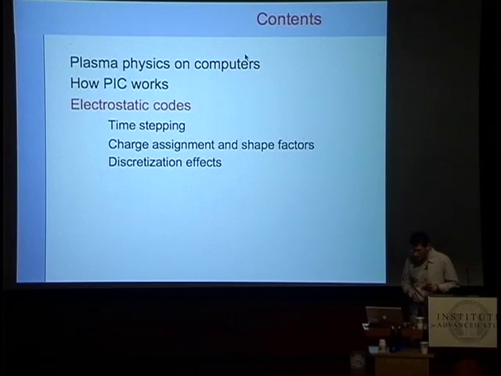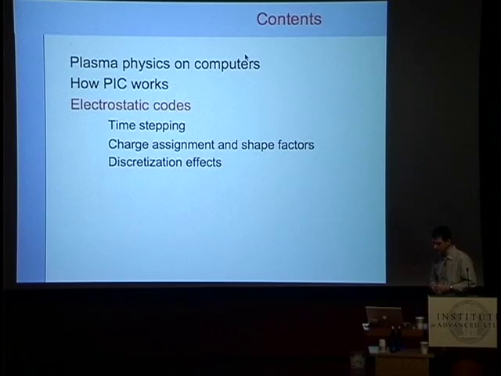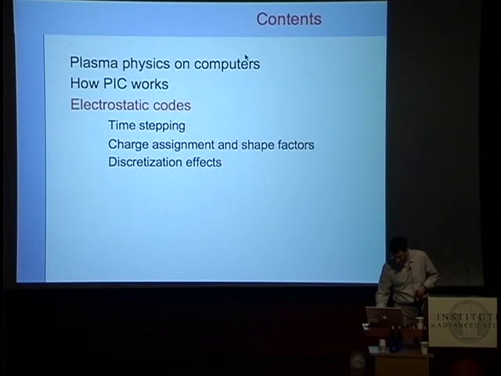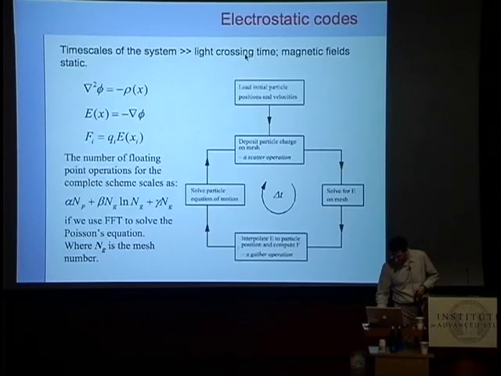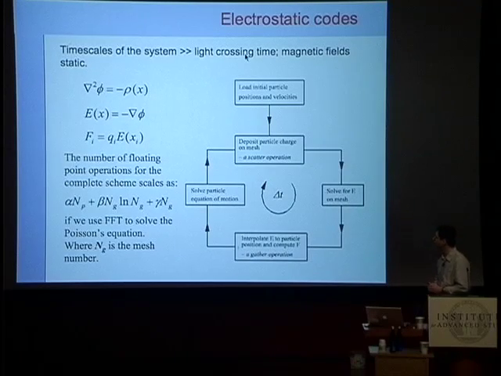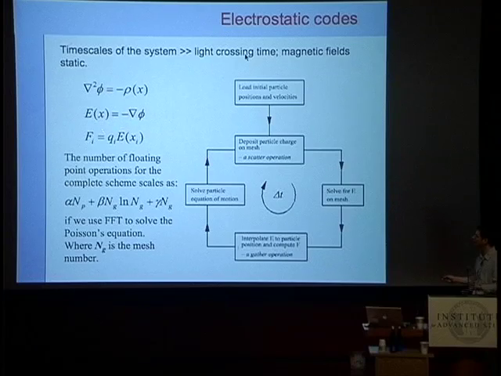So let's start with electrostatic codes, and we'll discuss the time stepping we use and the shapes of the particles, and how they affect the simulation. Electrostatic simulation is very simple in the sense that we don't have these fancy Maxwell equations.